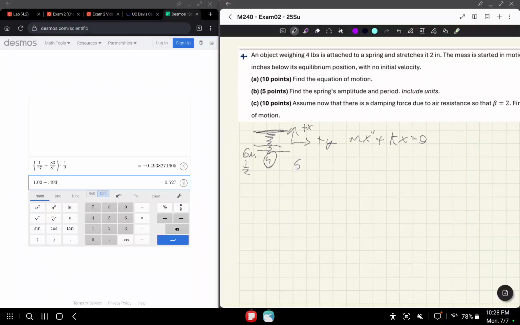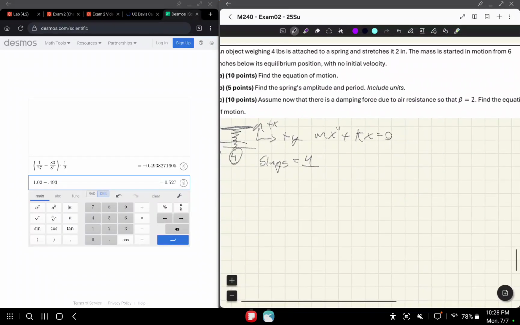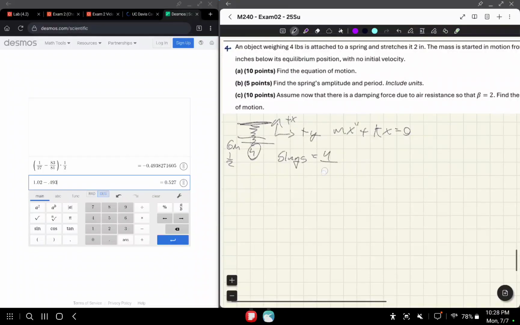The weight is 4, divided by gravity in imperial units, so 1/8 is the mass.